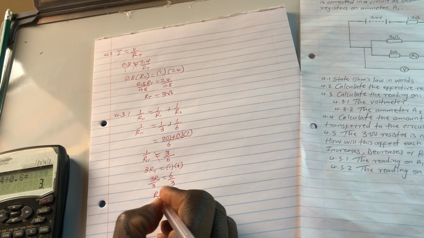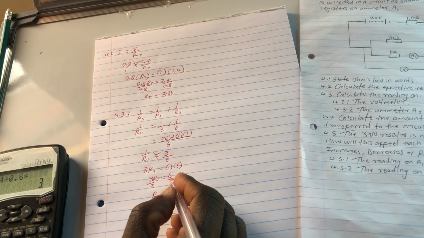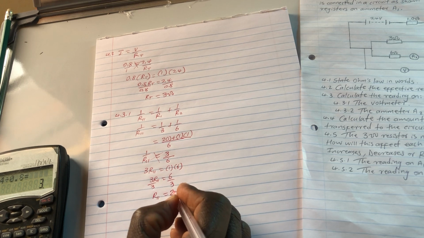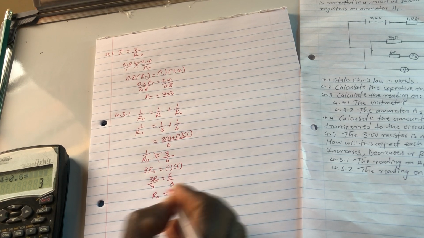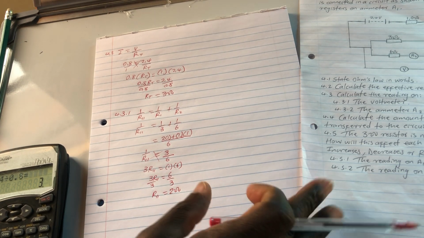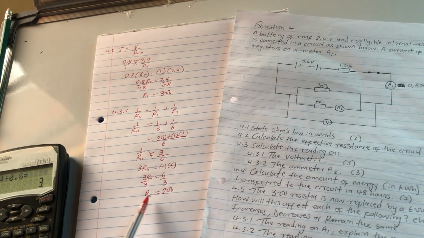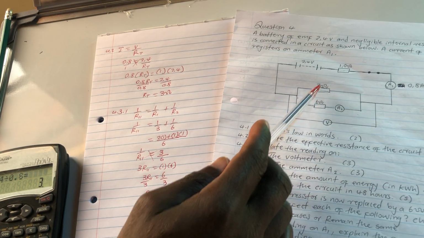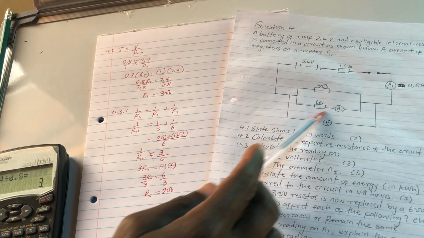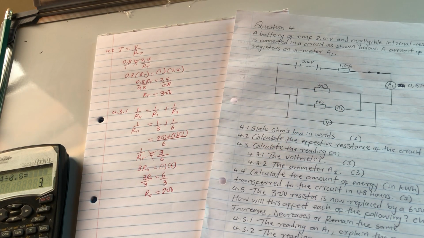It's R parallel. How many times does 3 go into 6? 2. This is 2 ohms. What I've just calculated here is R parallel of these 2 resistors.